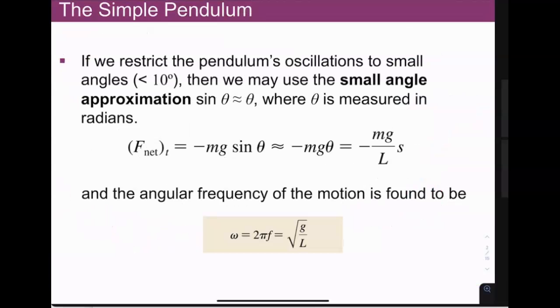Now, if we restrict the pendulum's oscillations to small angles, that is less than 10 degrees, then we may use the small angle approximation. Sine theta is approximately equal to theta, where theta is measured in radians. So we write the net force as approximately equal to minus mg theta.